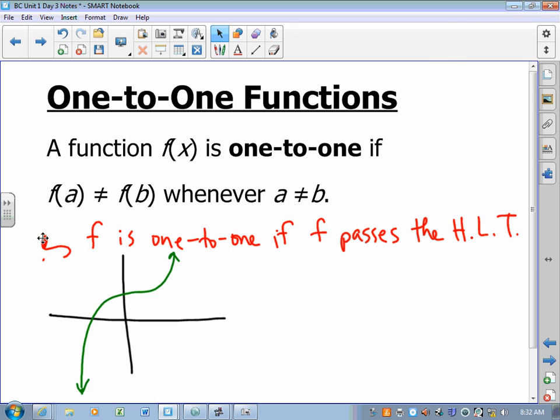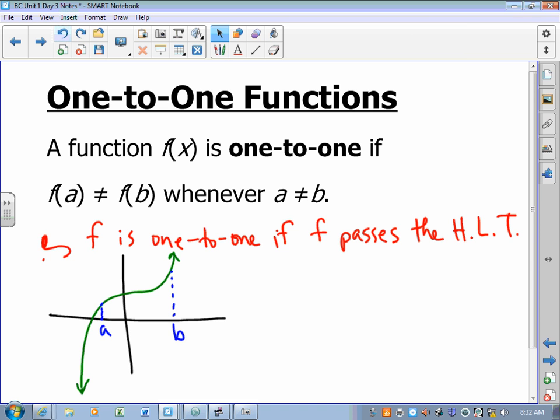And why is that significant? Well, let's pick two different values in the domain, a and b. If a and b are different, then f of a and f of b are also different. f of a is different than f of b whenever a is different than b.